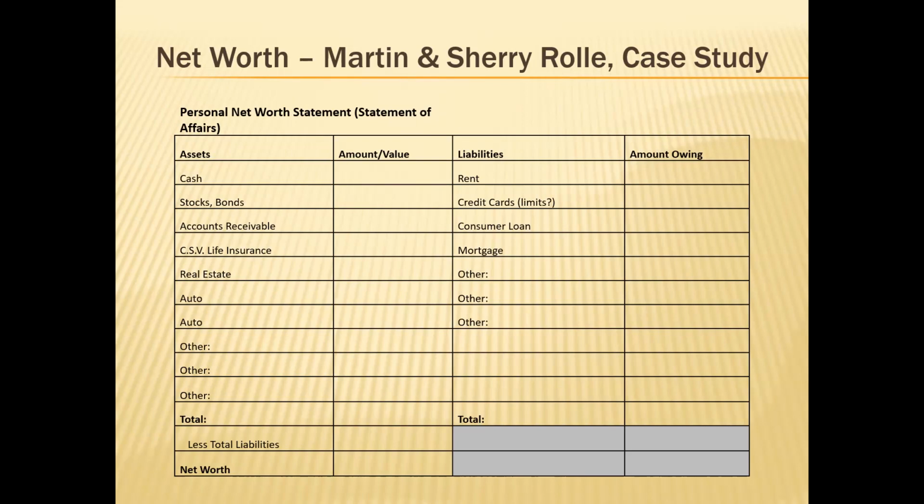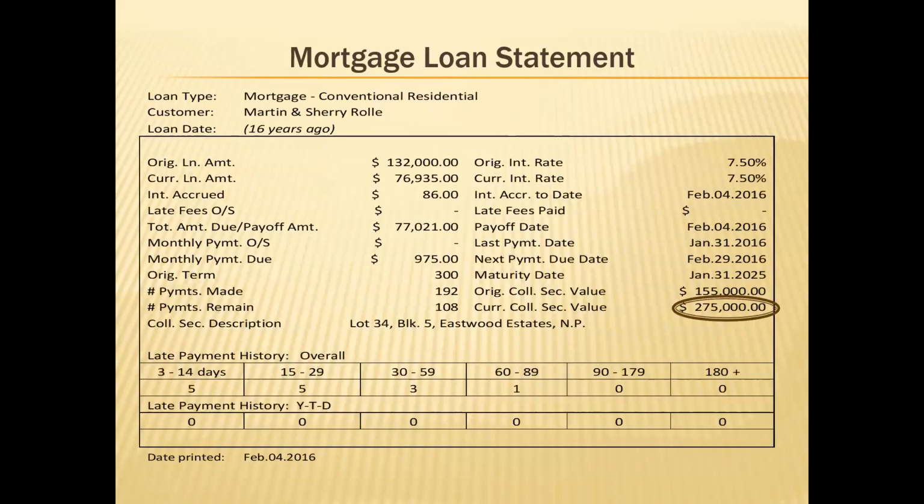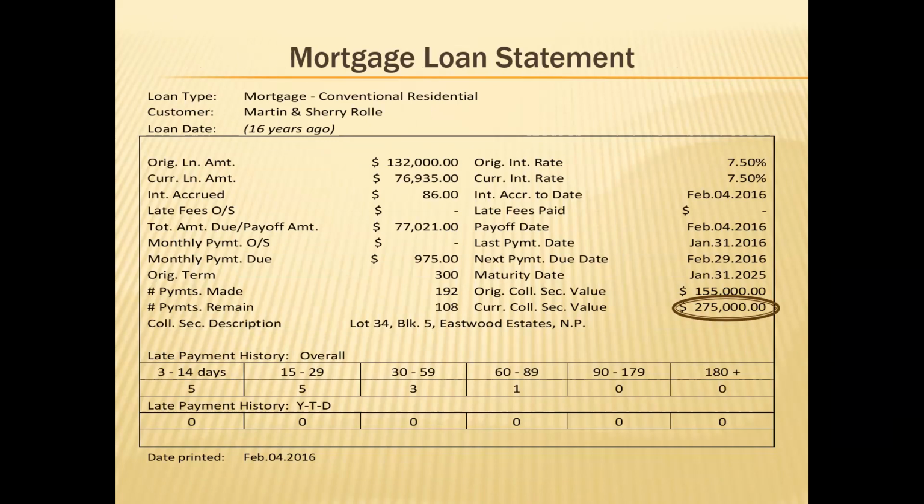This is the asset side. Real estate value, you get that from the appraisal or the actual bank statement or printout? Yes. Okay. In this instance, we've used the mortgage loan statement. That amount was verified when we looked at the appraisal. The current appraisal showed $275,000. So we put $275,000 in there.